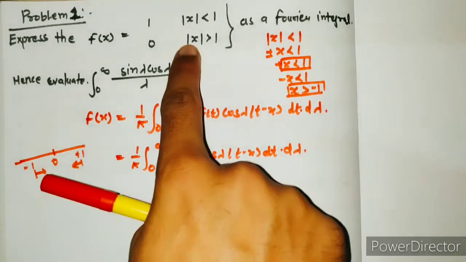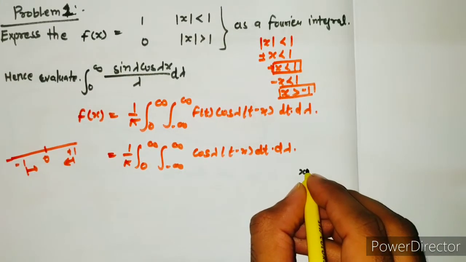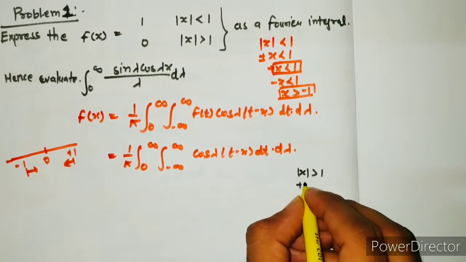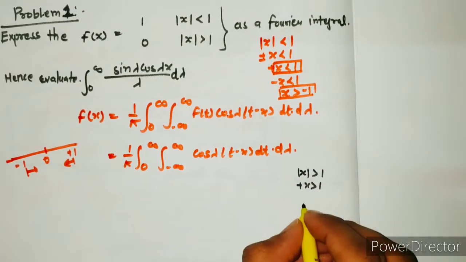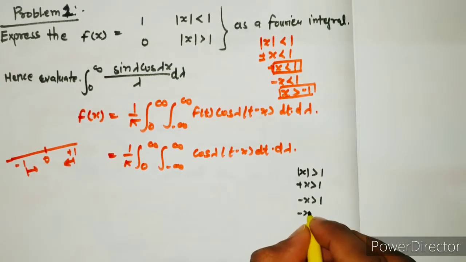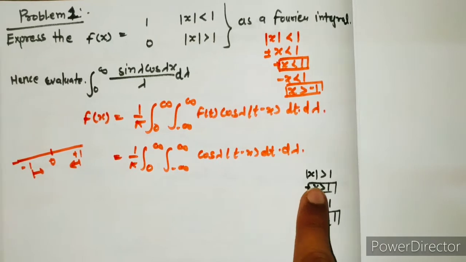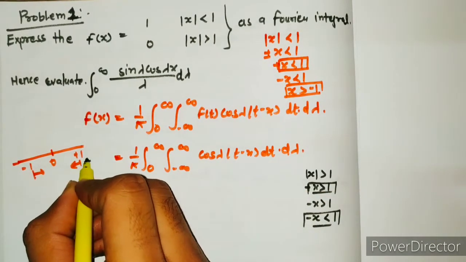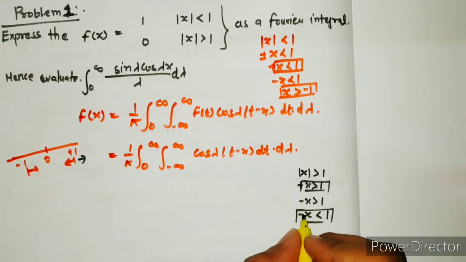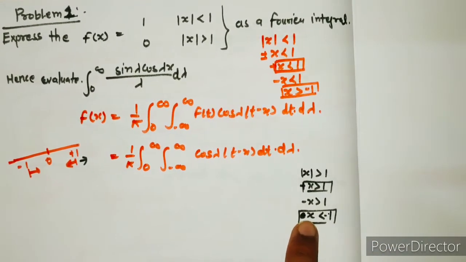Now consider mod x greater than 1. When mod x is greater than 1, the positive sign gives x greater than 1, and the minus sign is not acceptable, so multiplied by minus gives x less than minus 1.